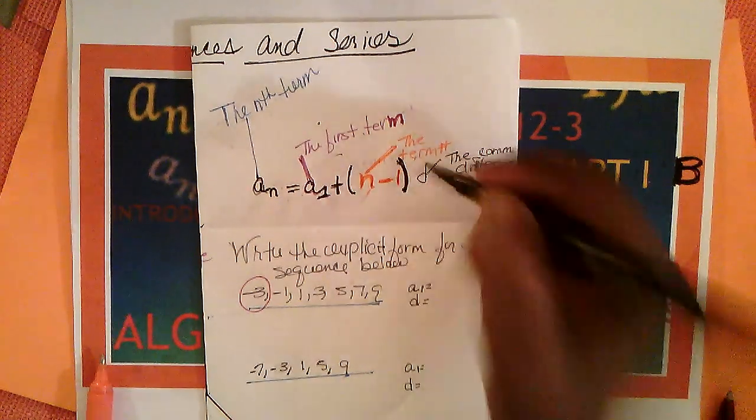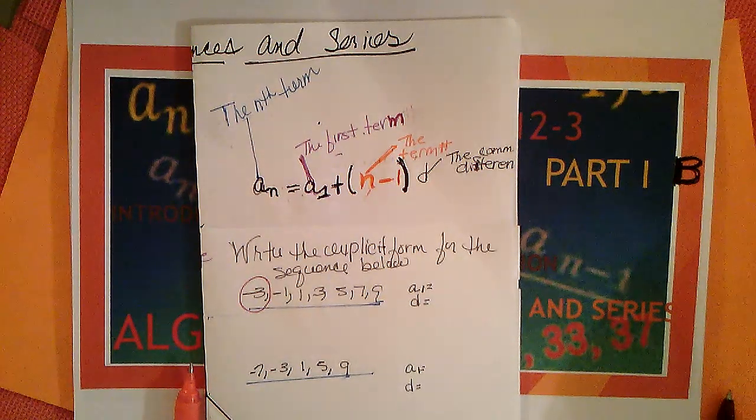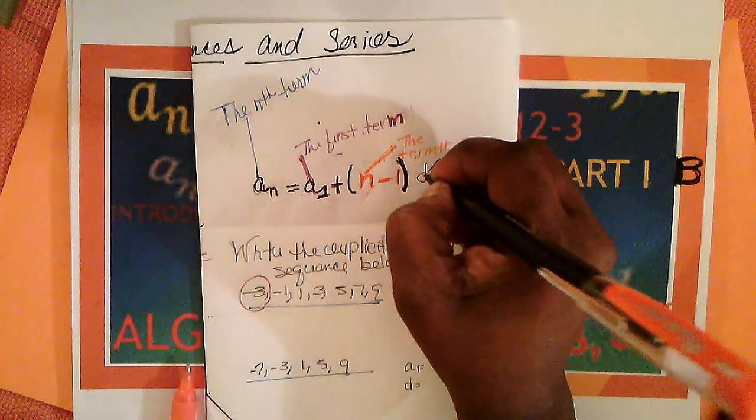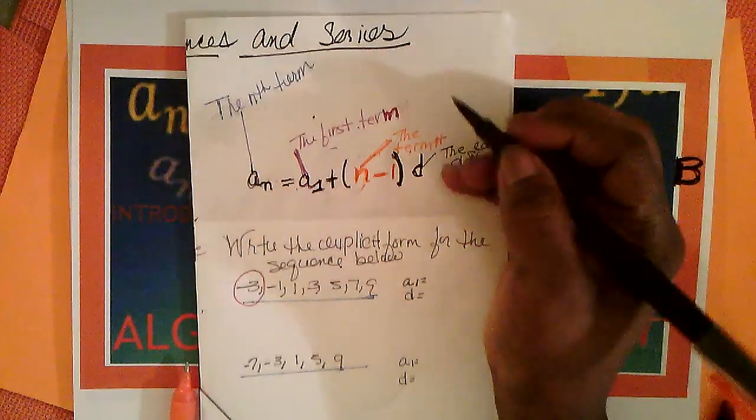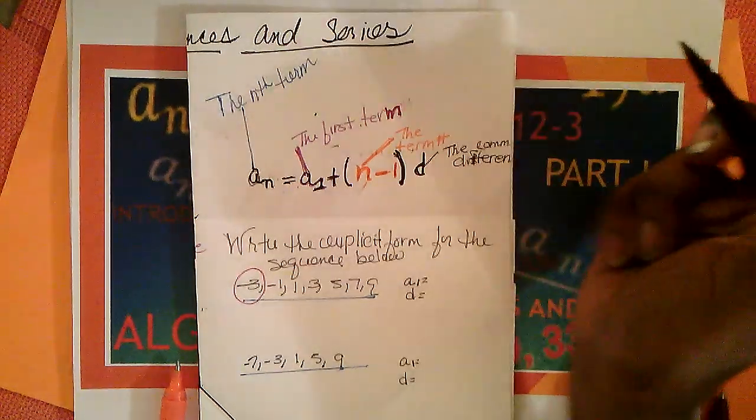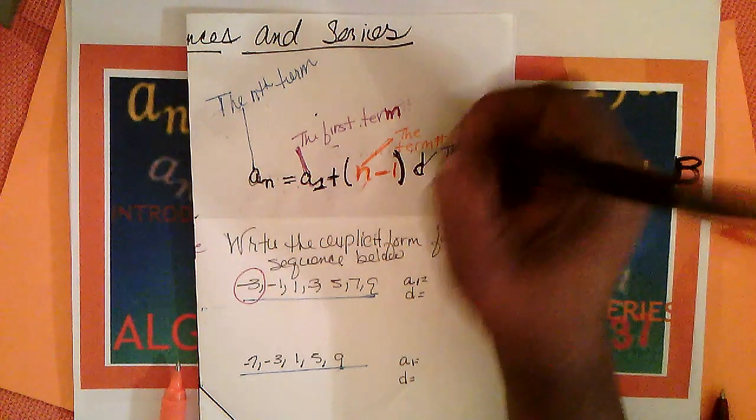So we have a to the n equals a1 plus parentheses n minus 1, and it is going to be multiplied by d. Remember the d? The d is the common difference, remember?